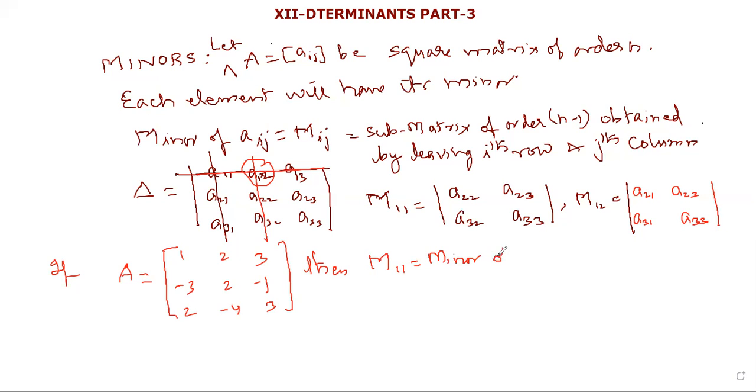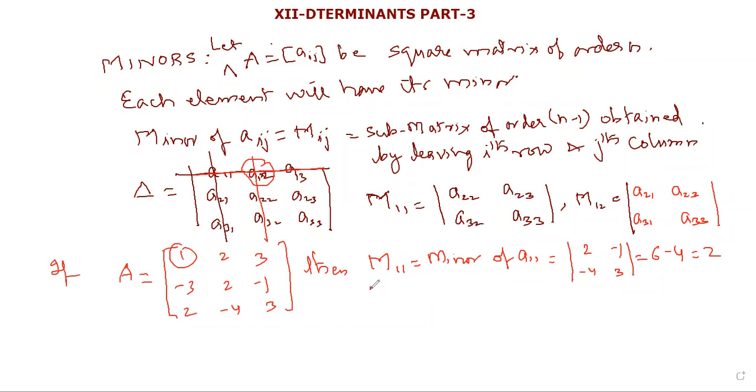M11 is the minor of element a11, and this a11 is in the first row and first column. So leave the first row and first column. We get 2, minus 1, minus 4 and 3. Solve it: 2 times 3 is 6, minus of minus 4 times minus 1, so the answer is 2.